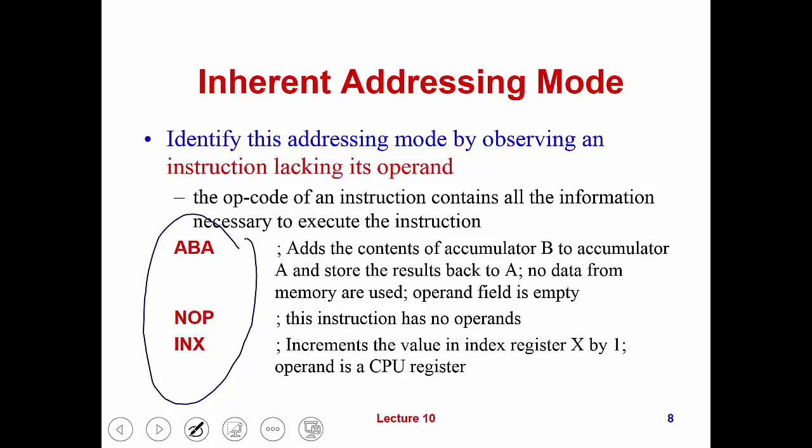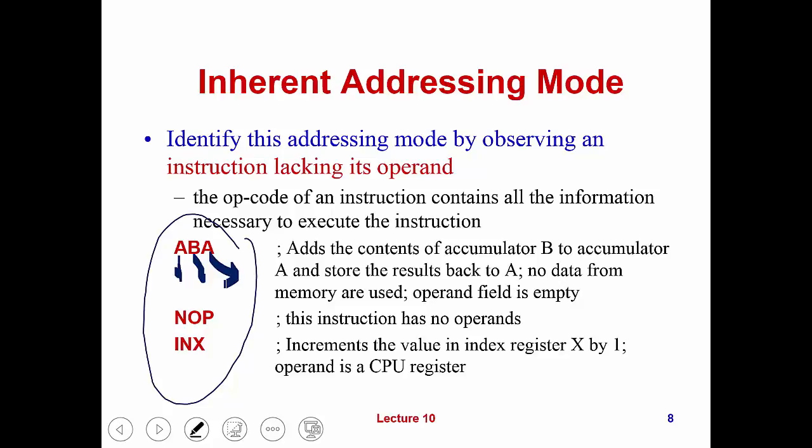Here the first A means add, B means accumulator B, and the last A means accumulator A, where we leave the result. So we add the data in accumulator B to accumulator A and leave the result in accumulator A.